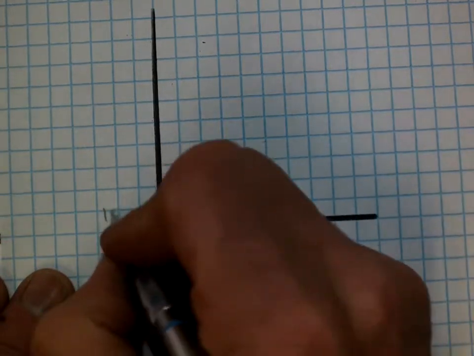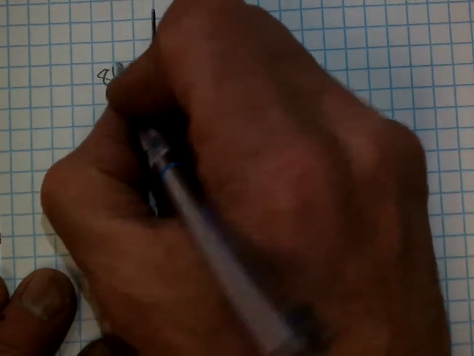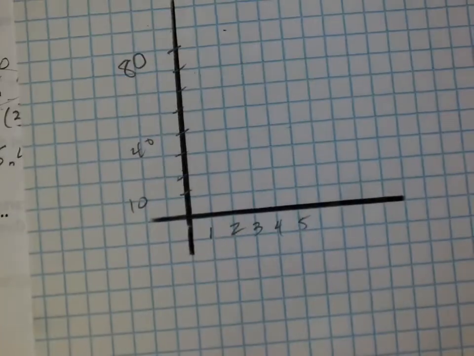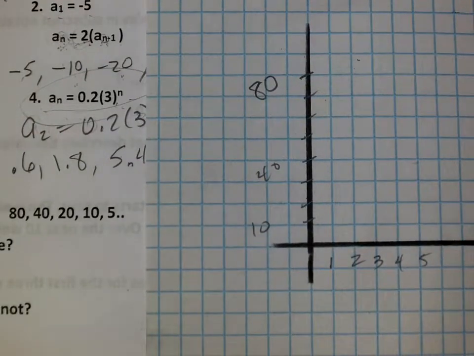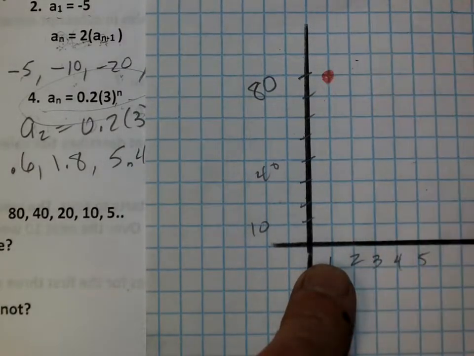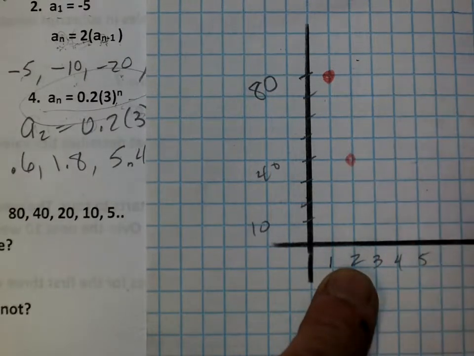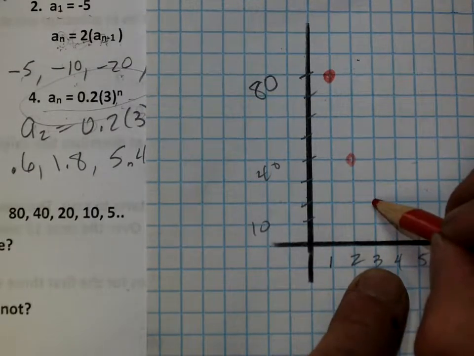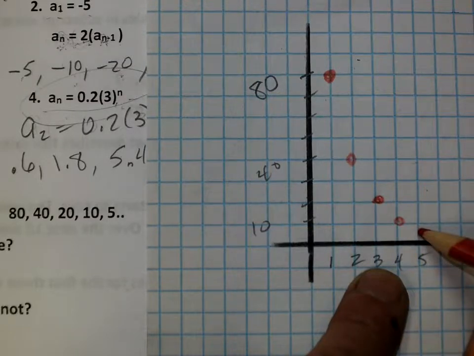I'll go 10, 20, 30, 40, 50, 60, 70, 80. And I'm going to put a value. The first term will be at 80, so I'll put a value there. Second term is 40, I'll put it there. And then 20, 10, and then at 5.